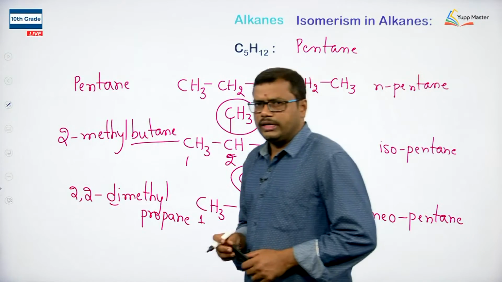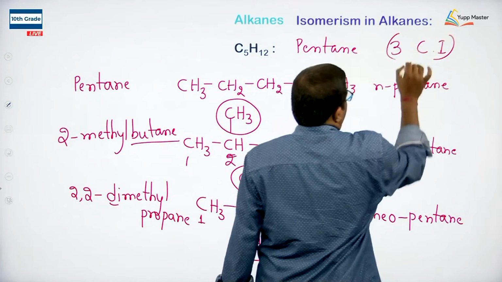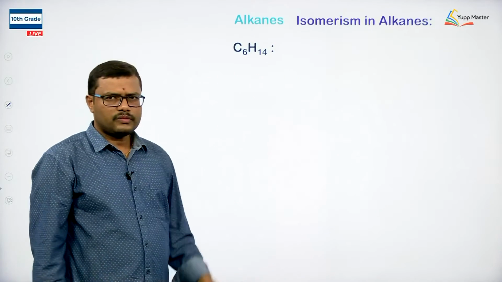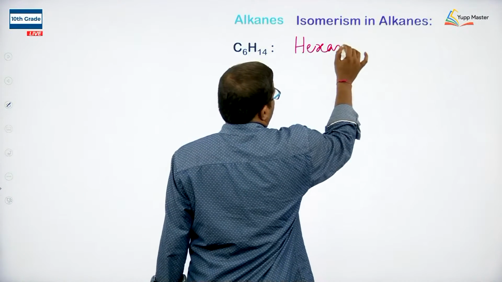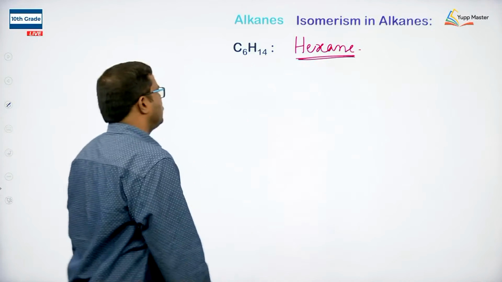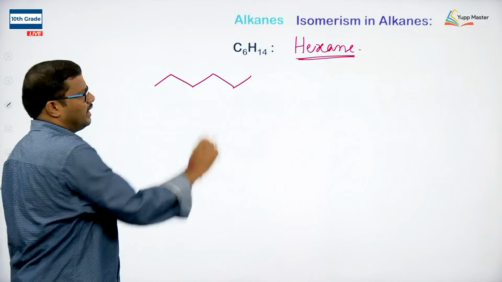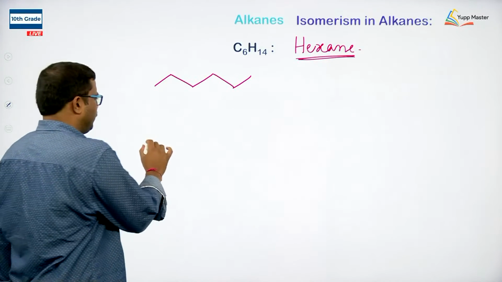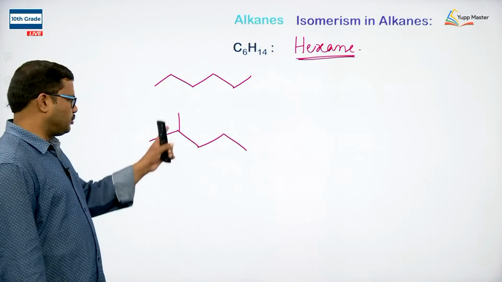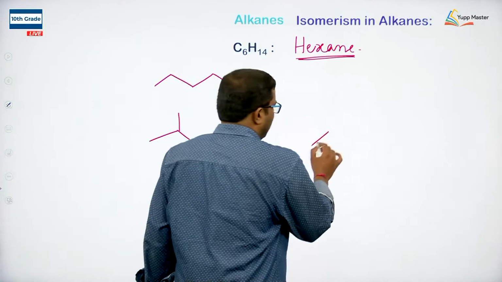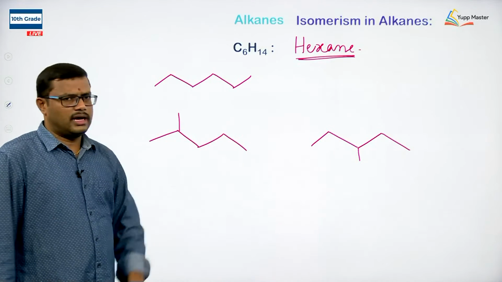Right. So here, if you observe pentane, how many chain isomers are possible? 3 chain isomers are possible in the case of pentane. What about hexane? In the case of hexane, we are going to have 5 chain isomers. What are they? I am writing in a zigzag fashion. I can arrange all the 6 carbon atoms in a straight chain, or I can arrange 5 carbon atoms in a straight chain with 1 substitution at the second position, or I will arrange the 5 carbons in a straight chain with substitution at the third carbon atom.